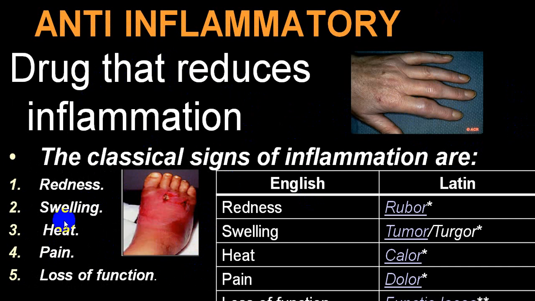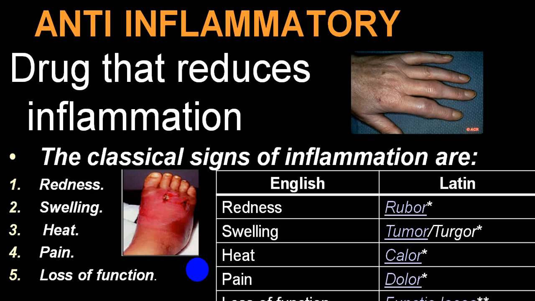It will reduce inflammation, it will reduce all these five things, and by reduction in this, it will reduce pain also. So anti-inflammatory will reduce pain by reducing inflammation, and some of the anti-inflammatory also acts at the central level, at the level of thalamus, and it also reduces your fever, body temperature.